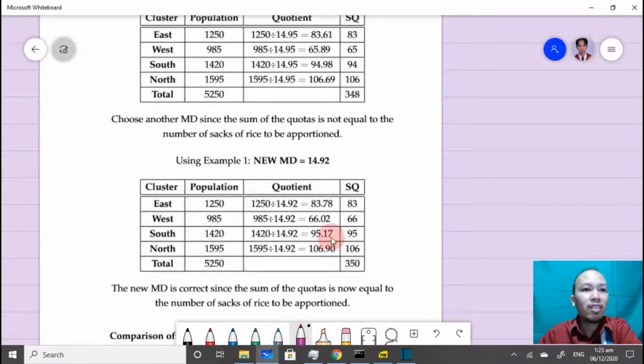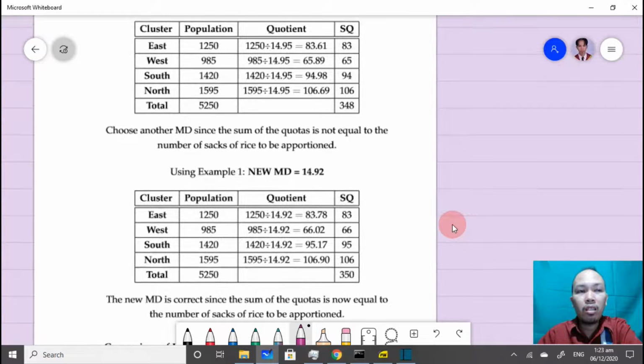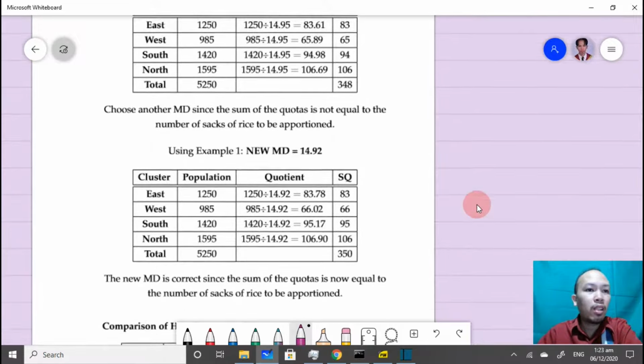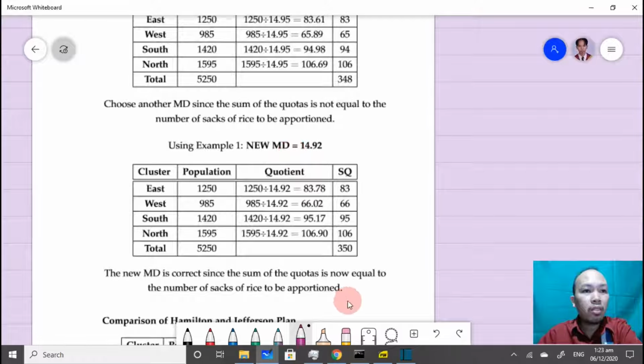But if you are not lucky enough in finding the modified standard divisor, then it will take you time. Anyway, the modified standard divisor is not only one. There may be many modified standard divisors.